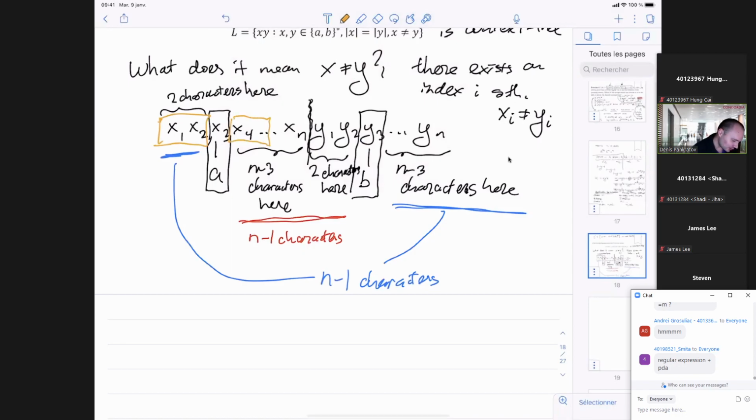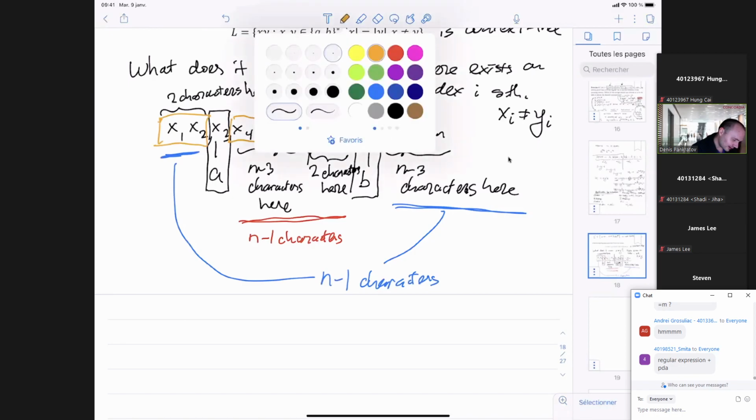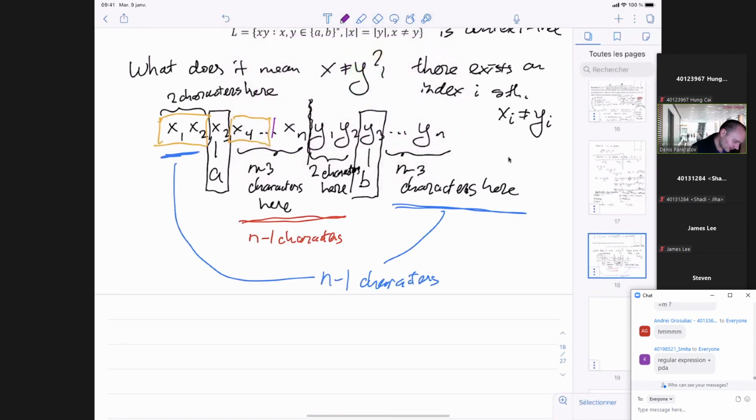And we consider two characters from this side of this character A. Then we have n-3 characters to the left of the y3, followed by n-3 characters to the right of y3.